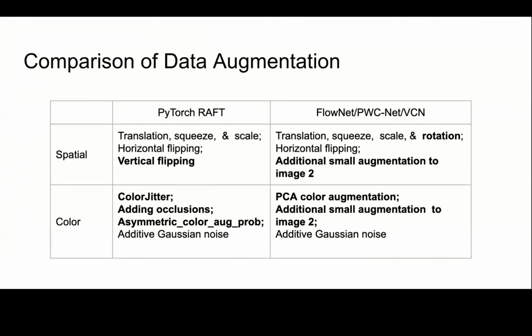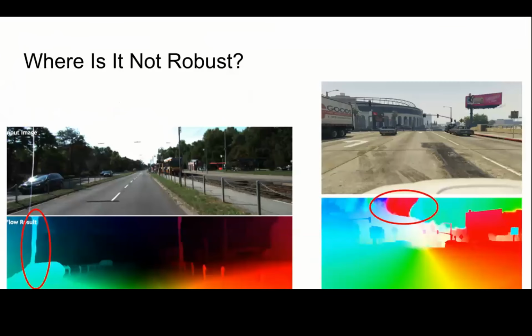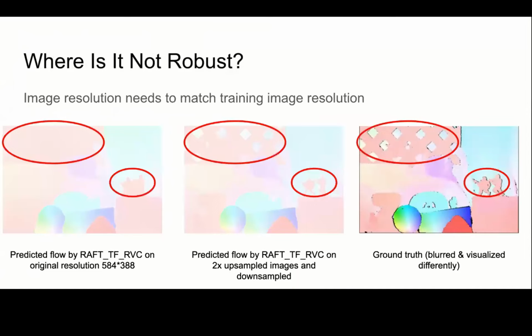So I think in principle, both networks can output arbitrary resolution. For any input resolution, it should output the same resolution. But for our implementation, we found that if the input resolution doesn't match the training resolution, the performance is not the best.